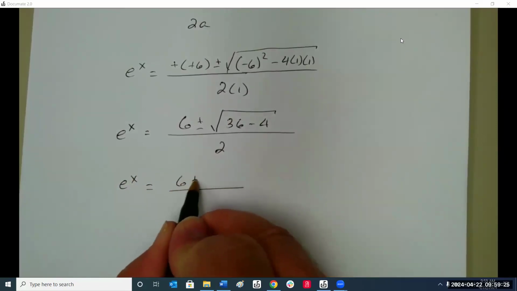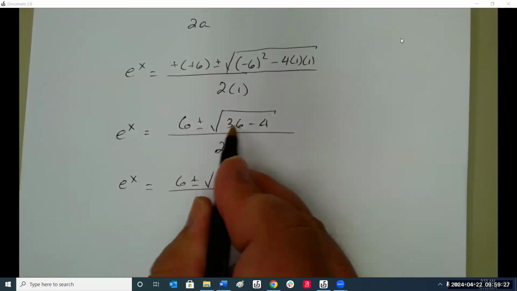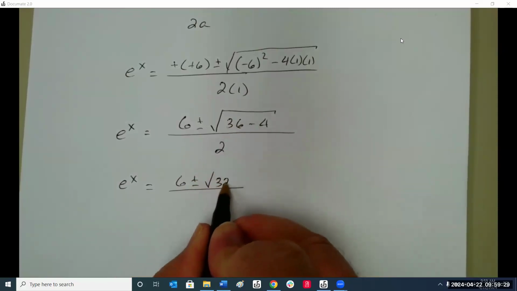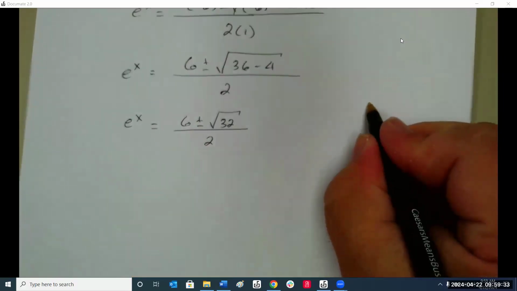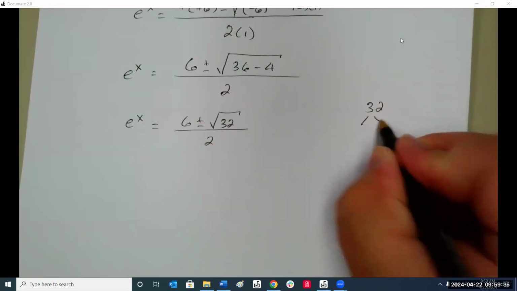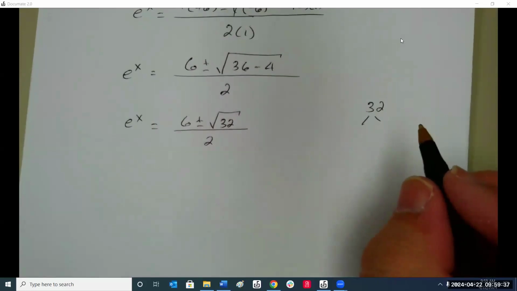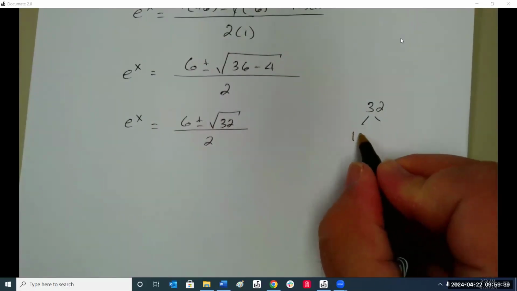So 6 plus or minus the square root of 36 minus 4, which is 32. 32 is made up of 16 times 4.